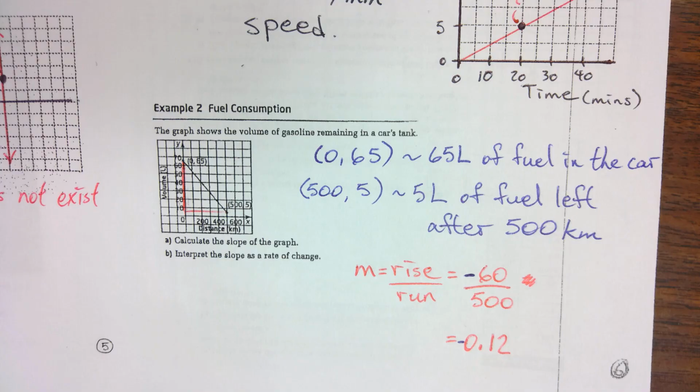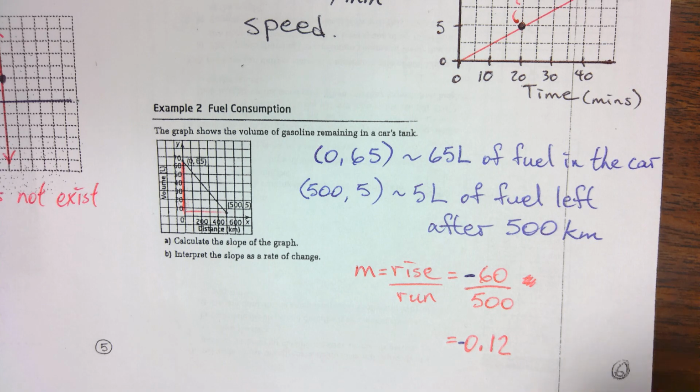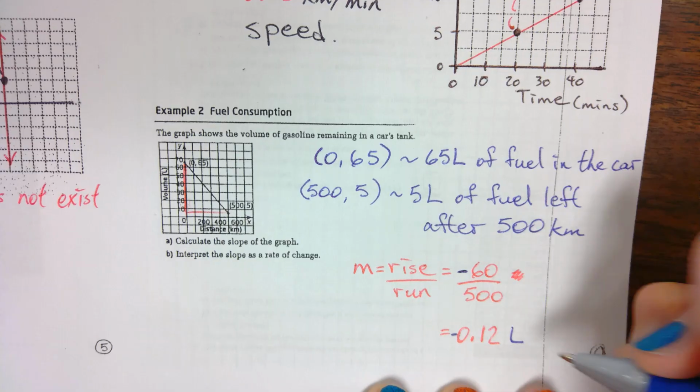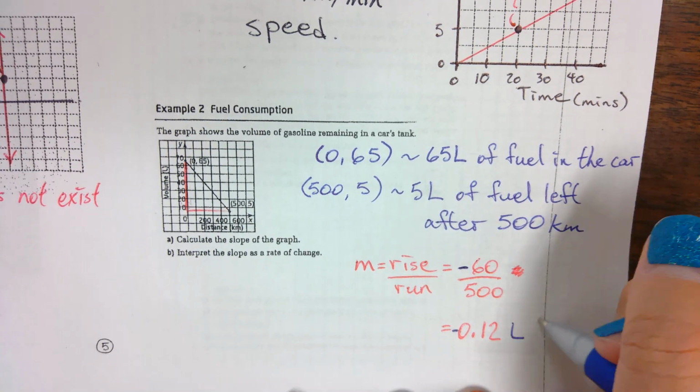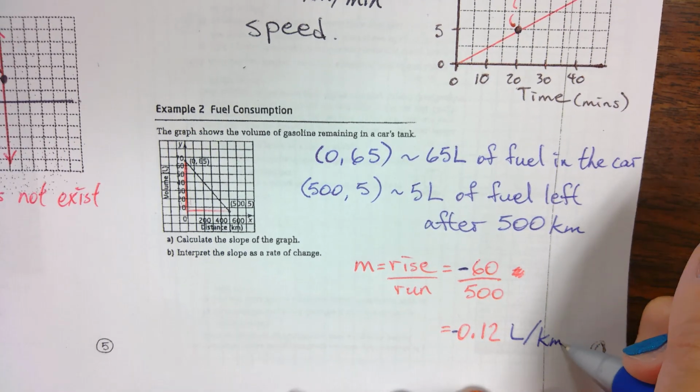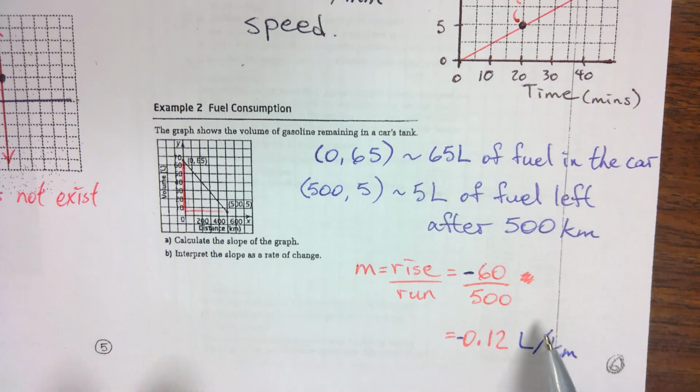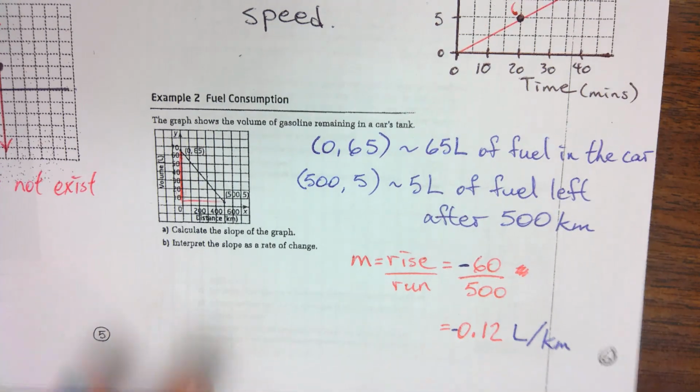This is a tricky question. What's my unit? Gasoline. Minus 0.12 gasoline. Liters, okay, part of it. Liters per kilometer. Where have we seen units like this before?